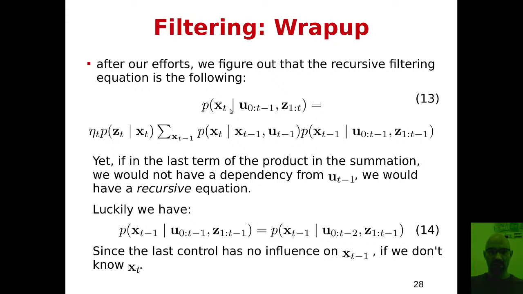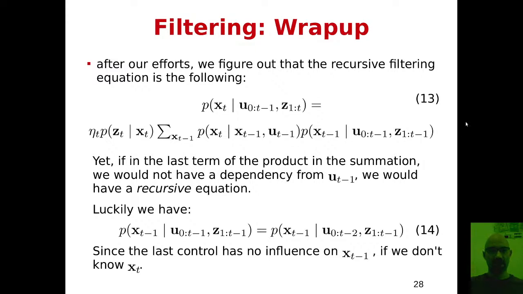By substituting t with t minus 1 everywhere here, you would end up with this equation, only that here you would have u between 0 and t minus 2, right? Because t minus 1 makes minus 2.